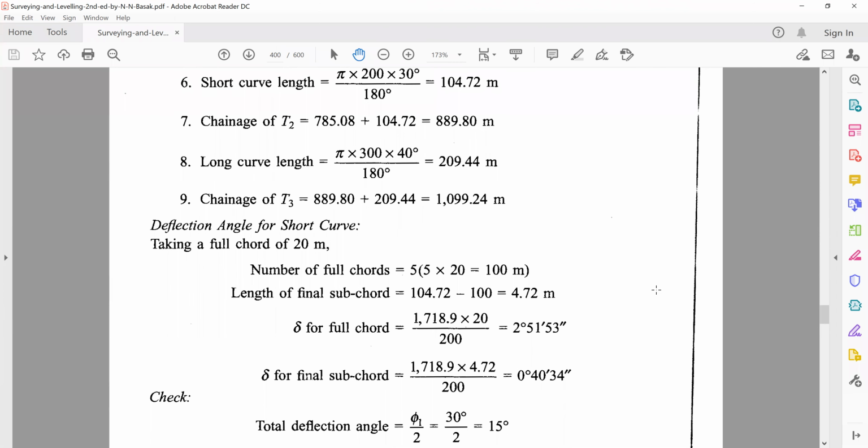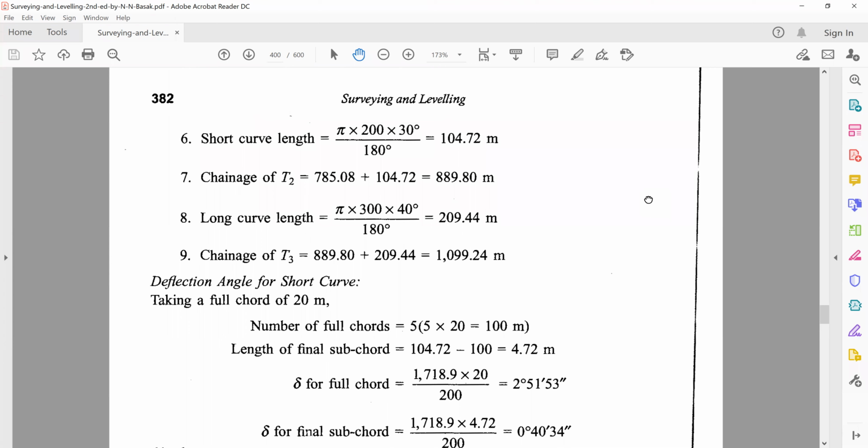Now, if you remember the concept for the chord lengths, the chord lengths depend on whether they've given you the value, or if they've not, you can choose any interval: 10 meters, 15, 20 meters. Obviously, your work would increase if you decrease the interval, but accuracy would keep on increasing.